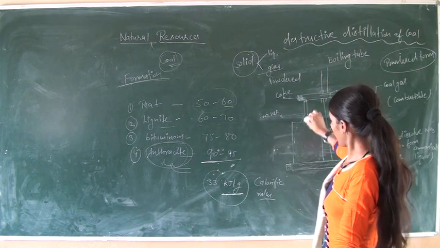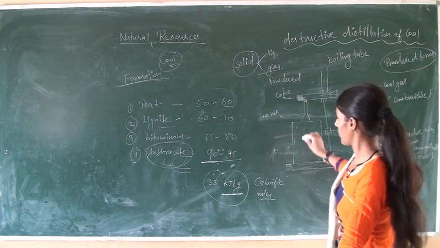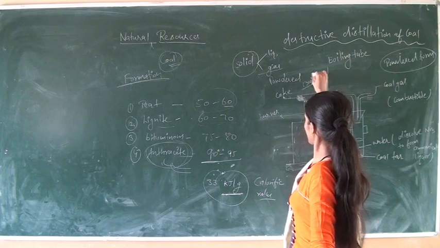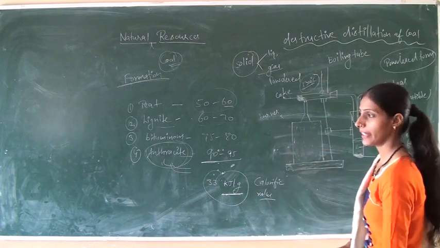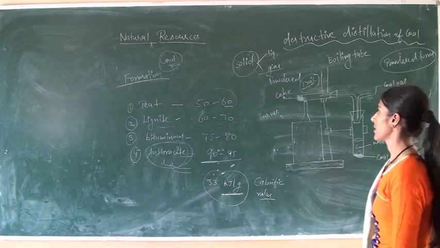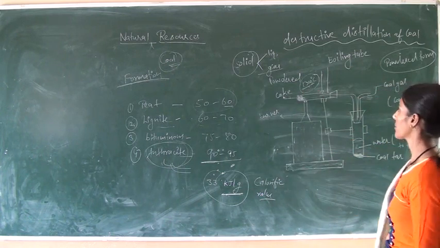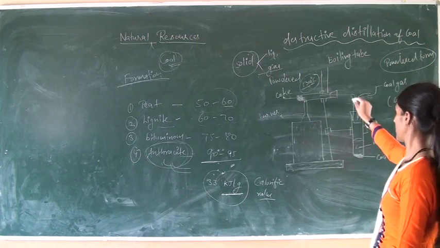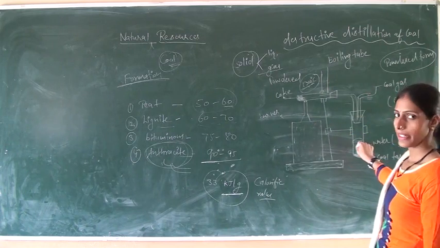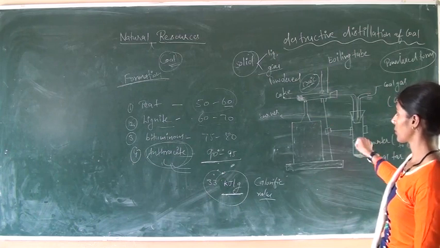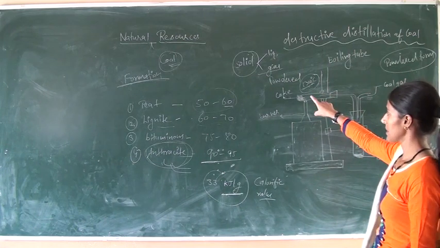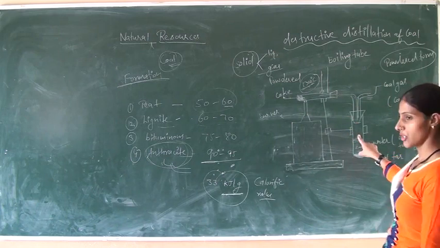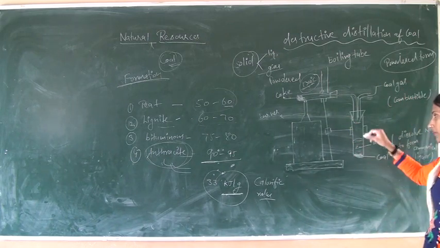We heat this tube with the help of a burner at approximately 1300 degrees Celsius. This powdered coke, after heating, is passed into another test tube.